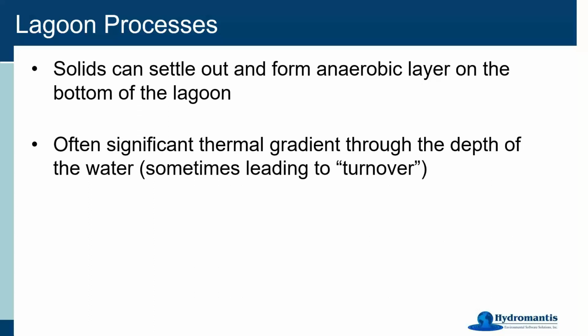Sometimes that can be a big problem, where you end up stirring up and resuspending a lot of the solids that had settled out previously. That's a really difficult thing to capture in a model, but it is a particular discrete event that can sometimes happen in a lagoon. So that kind of thermal gradient can be an interesting aspect.